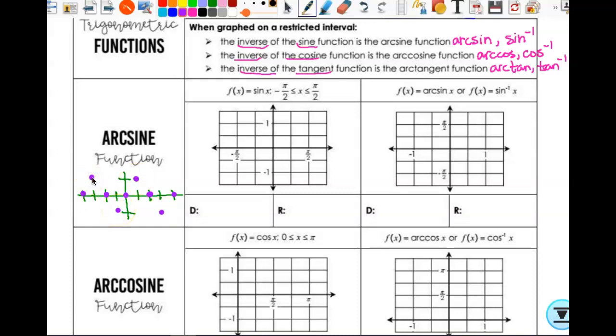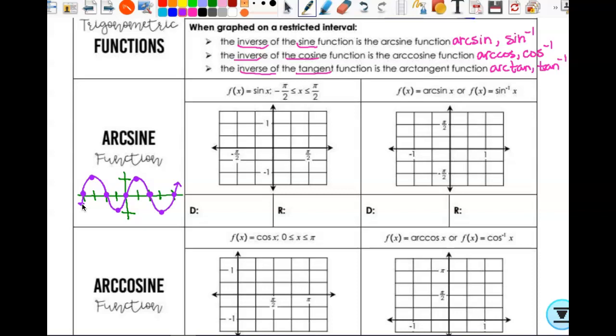Those are quickly my little points so that I can sketch something that looks like this. All right, so sine completely fails the horizontal line test, and it's because it's repetitive in nature. The good news is it's not like we lose anything when we restrict the domain.